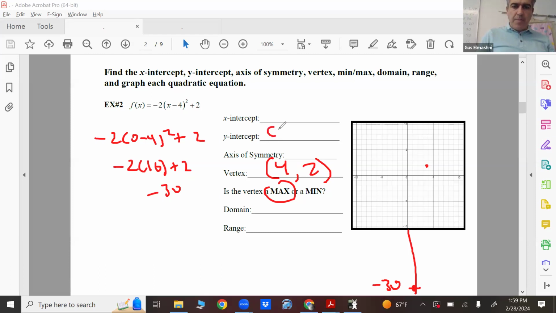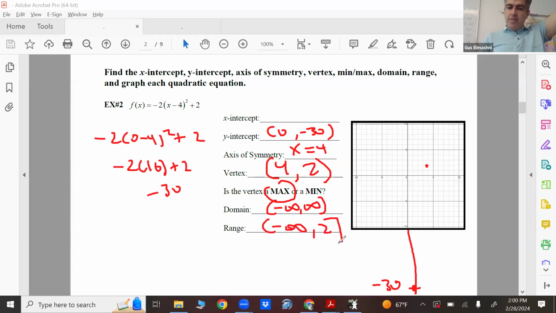Yeah, that's my y-intercept. X equals 4. Range is, the high point's 2. It goes down forever. Yeah, it goes down forever, right?